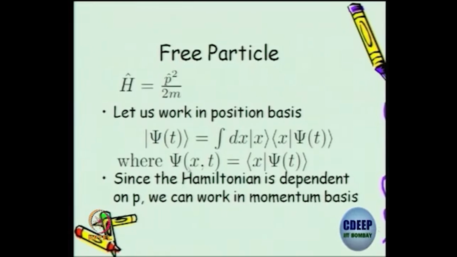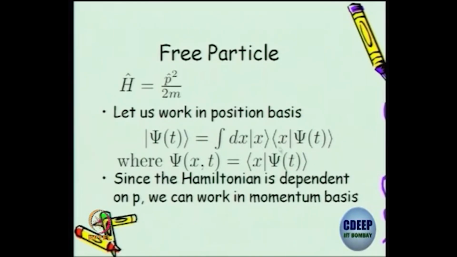And we had also defined how to write the wave function. Here you can also write the time dependent wave function as the inner product of x with psi of t. Since the Hamiltonian is dependent on p, we are working for a free particle. So the Hamiltonian is dependent on p.